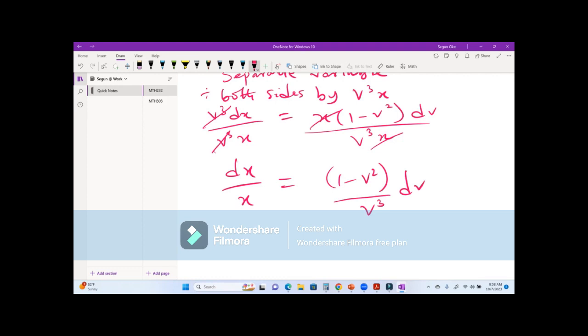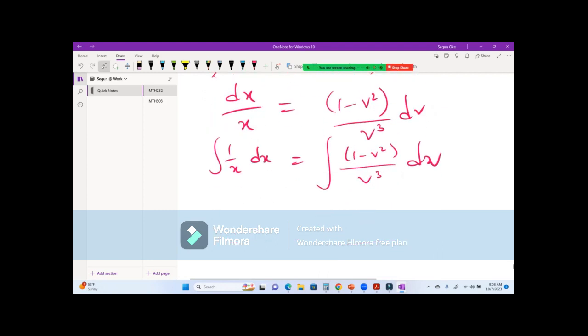So you can see that each of them now has its own shape. But we cannot integrate directly, but let's look at it critically. How do we do that? If I integrate both sides, 1 over x dx equals, we still need to simplify this one by saying integral of 1 minus v squared over v cubed dv, you will see what will happen.